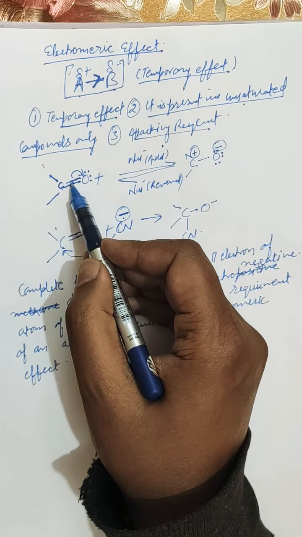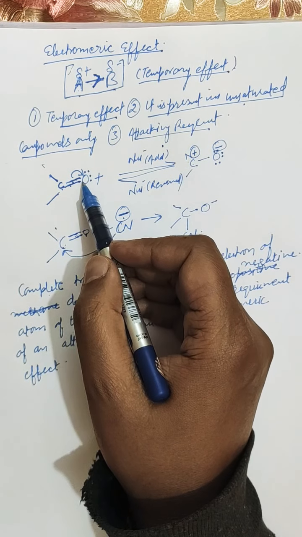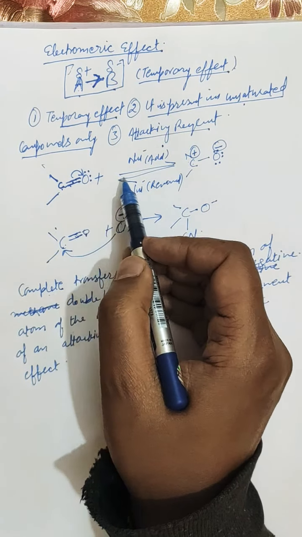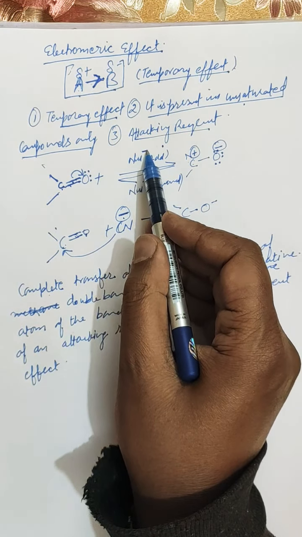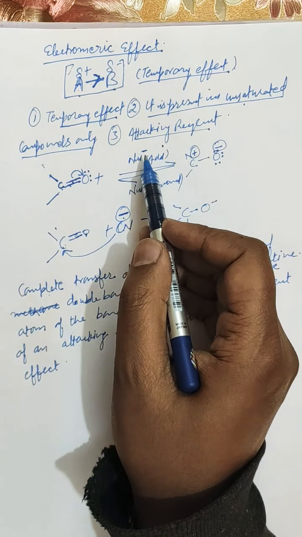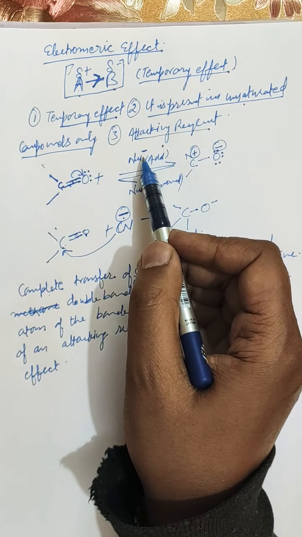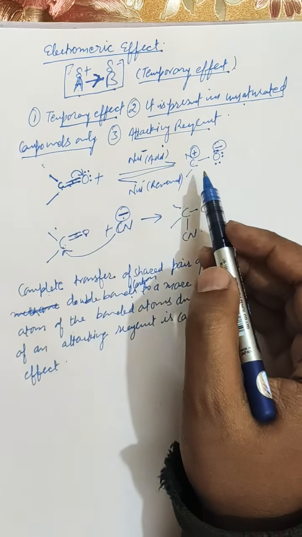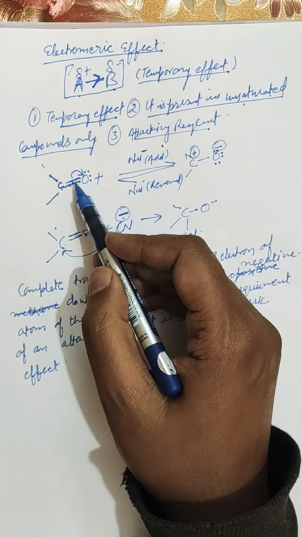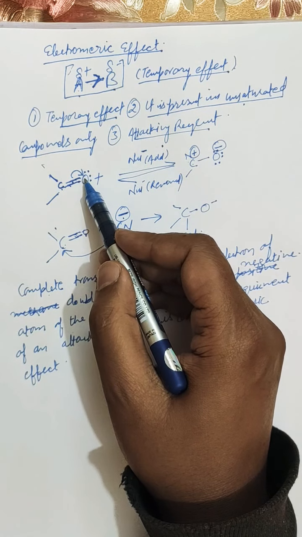So it will pull the electrons towards itself, as we have seen in the inductive effect. This nucleophile with negative charge will attack the electron deficient center, because the nucleophile already has surplus negative charge. This results in the shifting of the pi electrons toward the more electronegative atom.